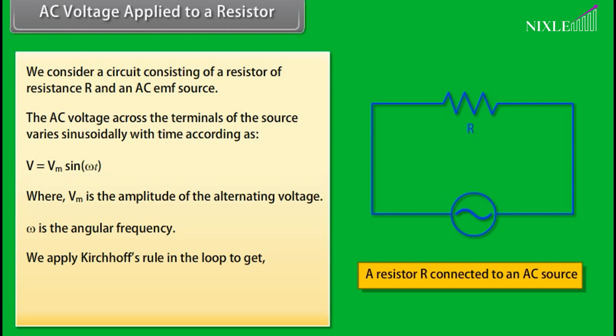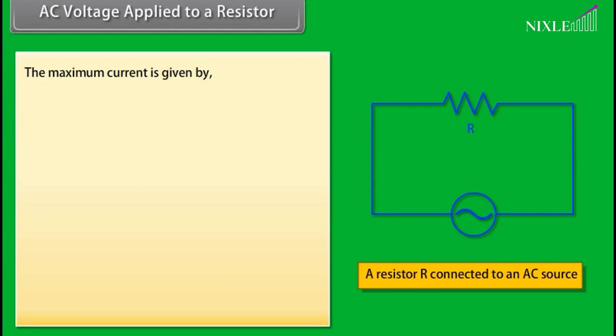We apply Kirchhoff's rule in the loop to get I = (Vm/R) sin(ωt). The maximum current is given by Vm/R. Now, the above equation can be written as I = Im sin(ωt).